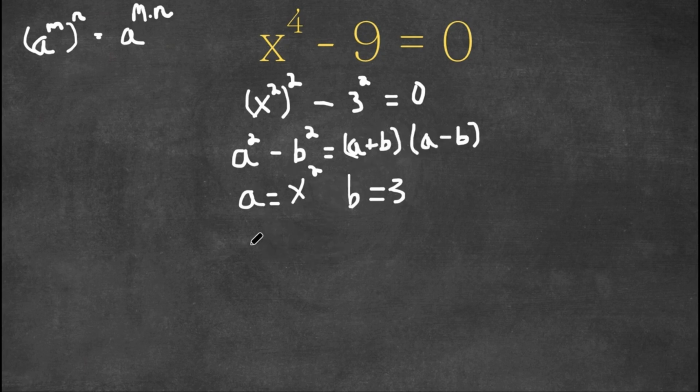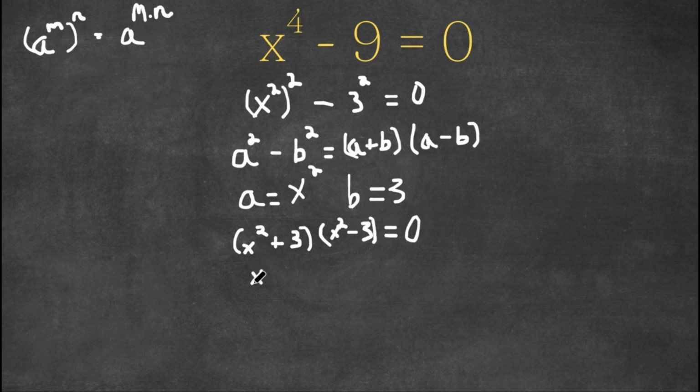So a is x squared, so we have x squared plus b is 3, times x squared minus 3. So now this equals 0. And now this gives us two equations.